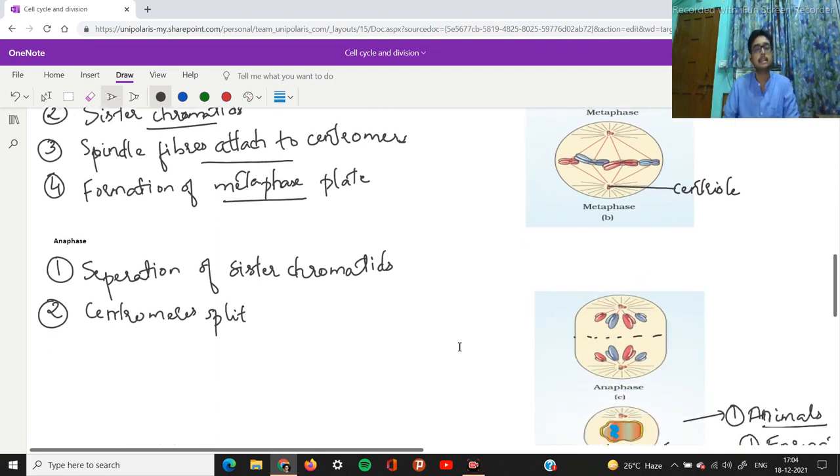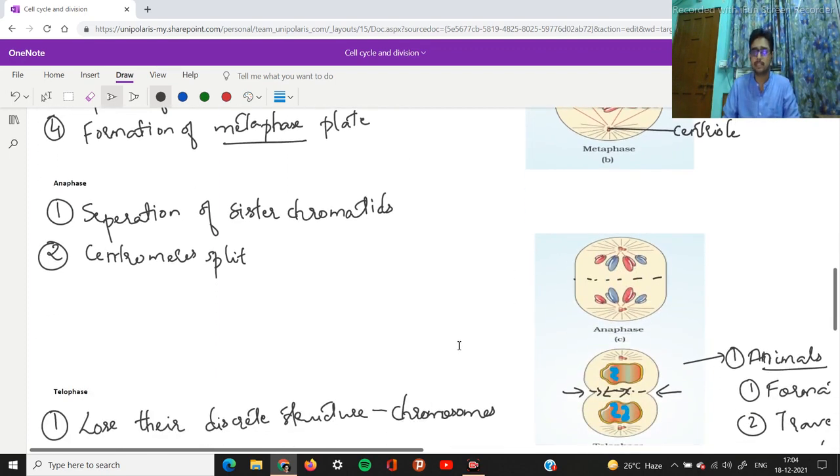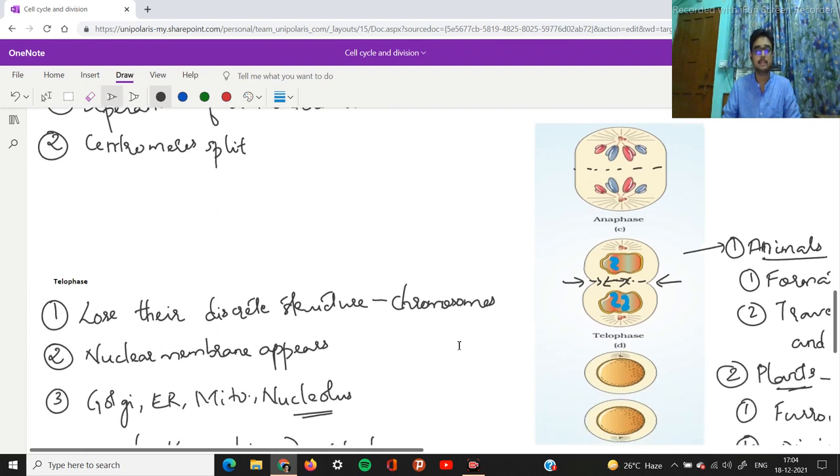Then anaphase is a very small phase in which the separation of the sister chromatids takes place, the centromeres split, and these chromosomes travel to opposite poles with the help of spindle fibers. Last, in telophase, these chromosomes lose their discrete structure and shape.